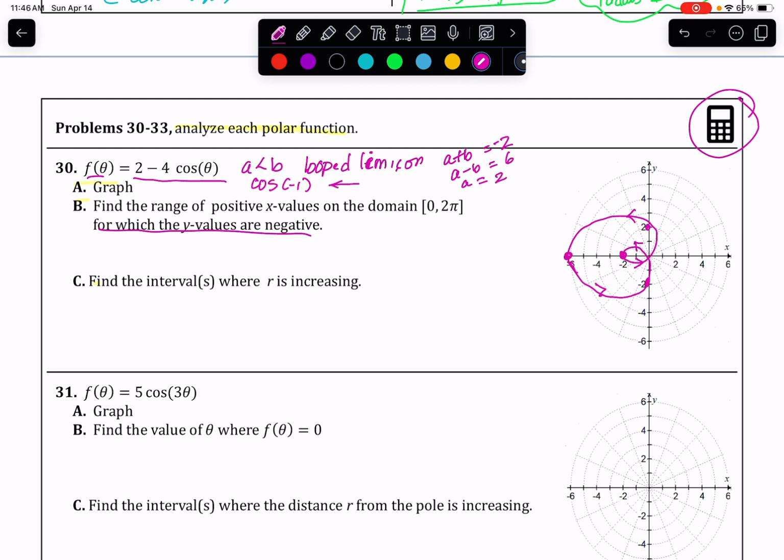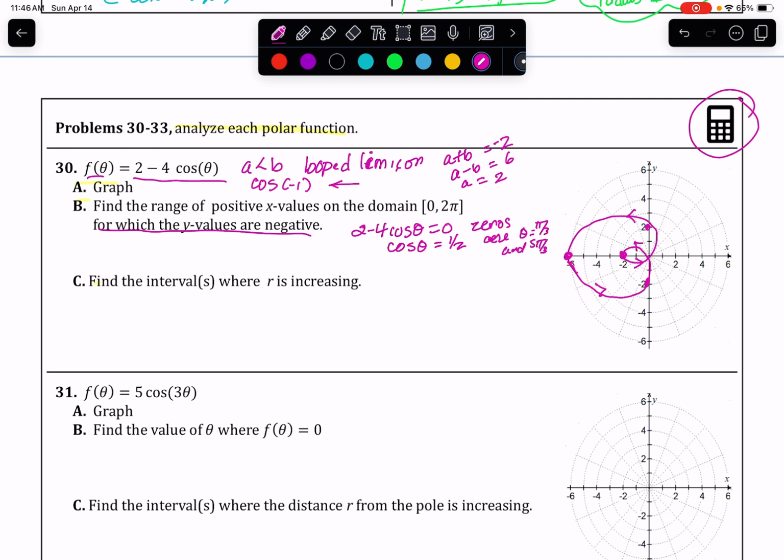So I'm going to say that I have 2 minus 4 cosine theta is 0. So cosine theta is positive 1/2. So my zeros are when theta is pi over 3 and 5 pi over 3. Is that right? Pi over 3, 5 pi over 3.